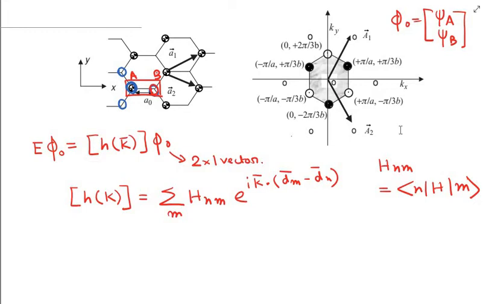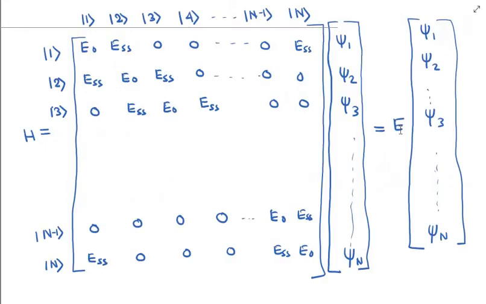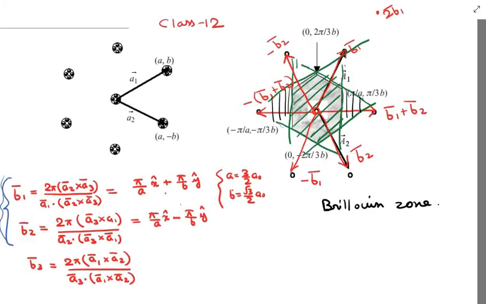Just like our matrix in the last class, which for example is a tridiagonal matrix where we have a main diagonal, an upper diagonal, and a lower diagonal. Similarly, here also let us see the type of coupling.